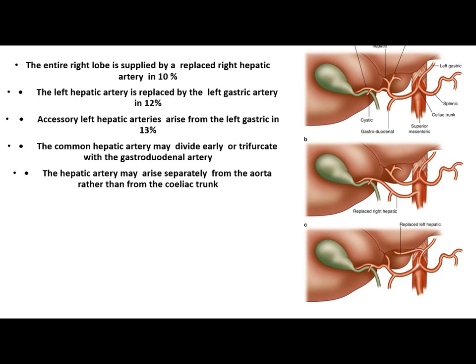When you are working in a center where they do liver transplantation, you have to report each and every artery: where it arises, where it ends, how long it is, and what its diameter is, because the transplant surgeon will depend on that to choose whether to take the left lobe or the right lobe or somewhere else, where to put it and how to suture it. All these details will depend on your report.